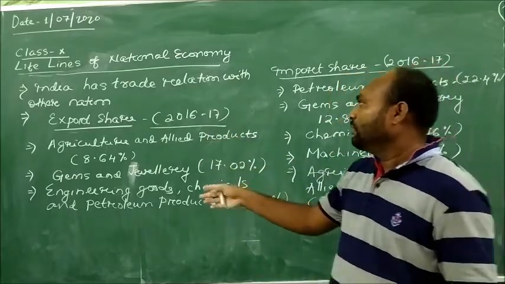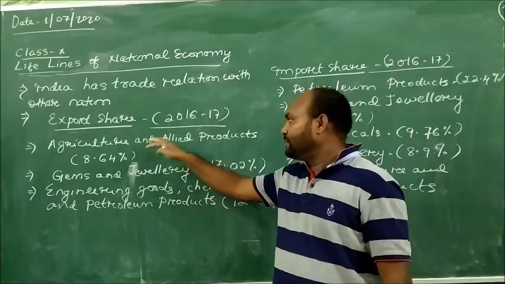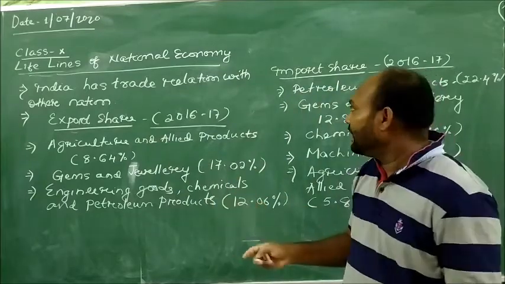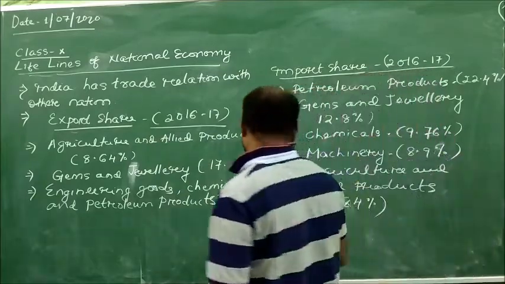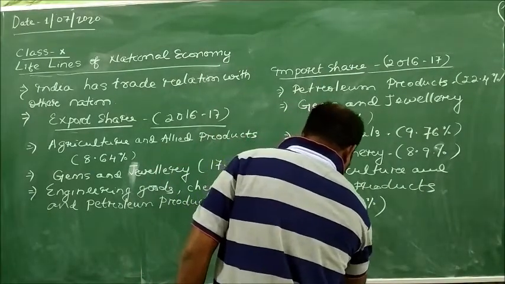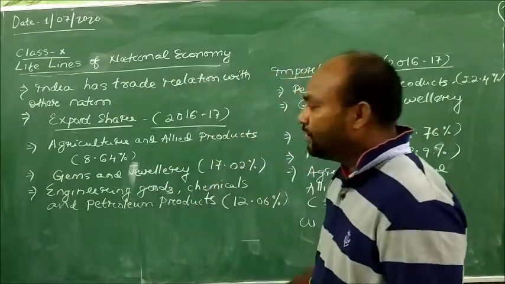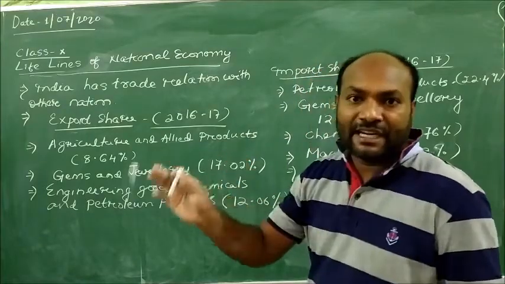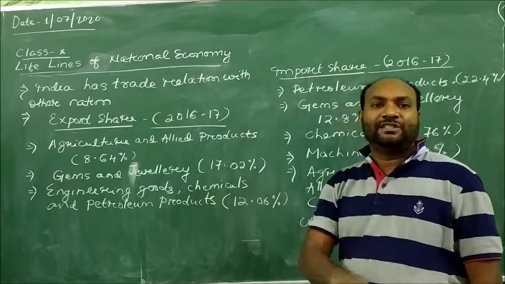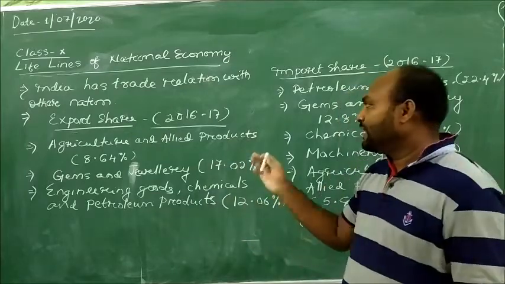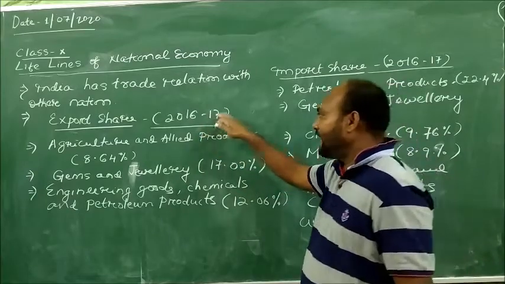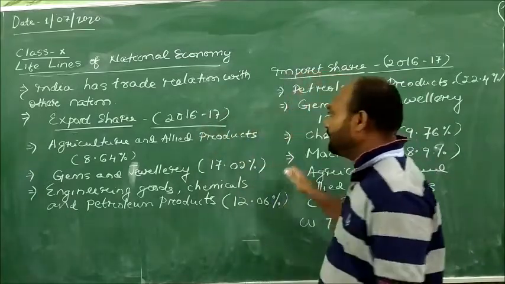According to that data analysis, we have the export share between other nations. I was telling you, dear children, according to the criteria of the WTO, the World Trade Organization, we need to have trade relations with other nations, and when we have relationships with other nations for commercial activities, we need to go with export activities and import activities.